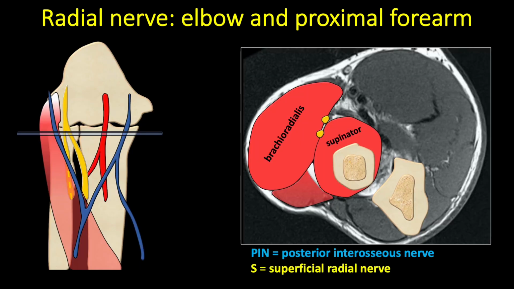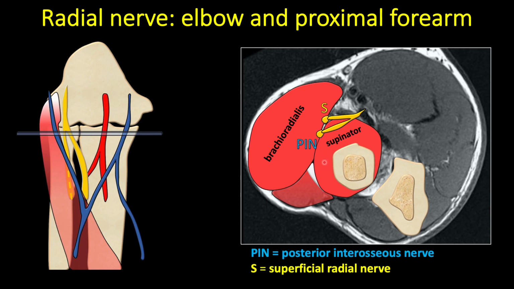This slide better highlights the bifurcation point of the radial nerve into the deep radial nerve, which will be referred to now as the posterior interosseous nerve, and the superficial radial nerve. As you can see from this cross-sectional image, the point of bifurcation is located just superficial to the radial head between the brachioradialis muscle, which is located on a more superficial aspect, and the supinator muscle, that is located on a deeper aspect.